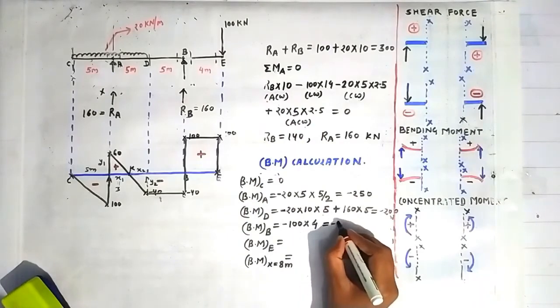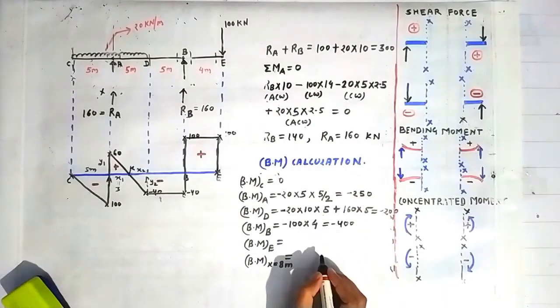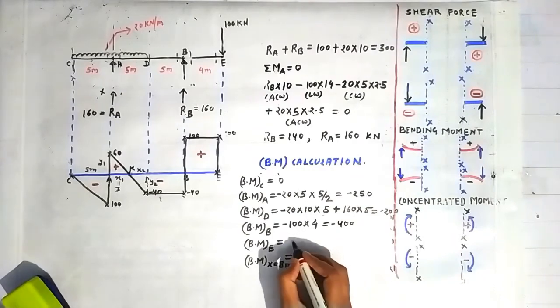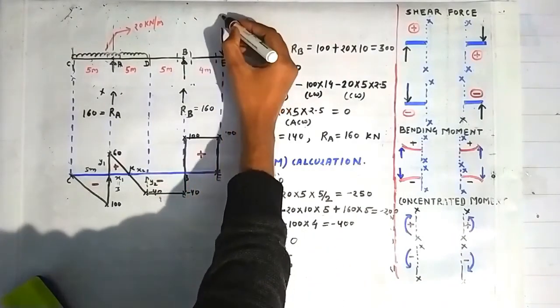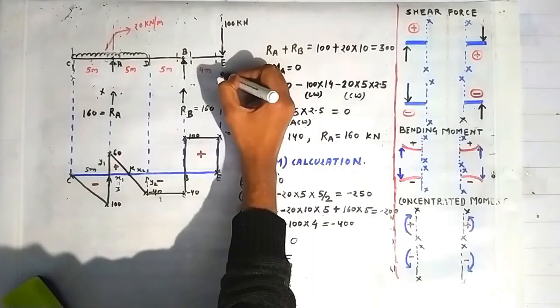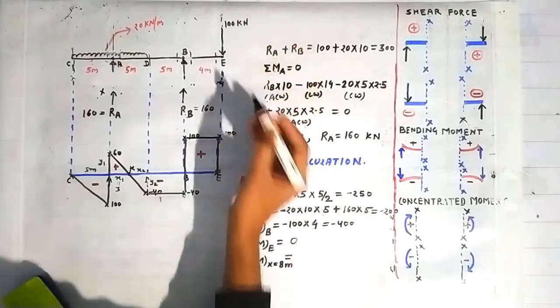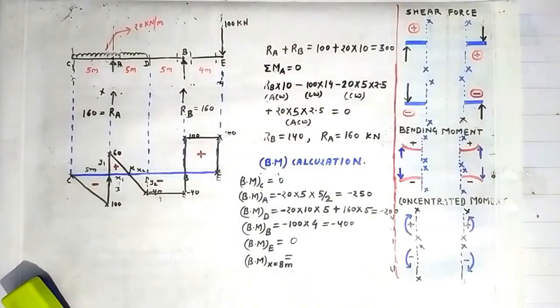It will give us minus 400 kilonewton meter. And the bending moment at the point E is 0, because if you construct a section passing through the point E and look on the right side of the section, nothing is lying, that's why the bending moment at the point E is 0.